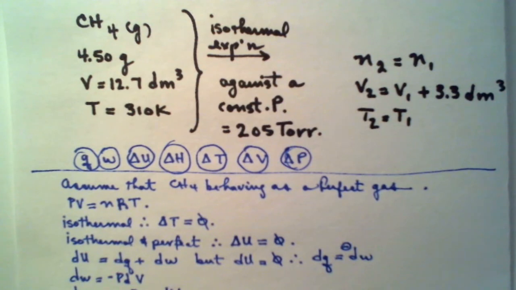This change was an irreversible one that happened to this gas against the constant pressure of 205 Torr, isothermally at 310, from an initial volume of 12.7 liters until the volume changed by 3.3. It was closed, no gas leaked in or out, and it was methane behaving as a perfect gas.